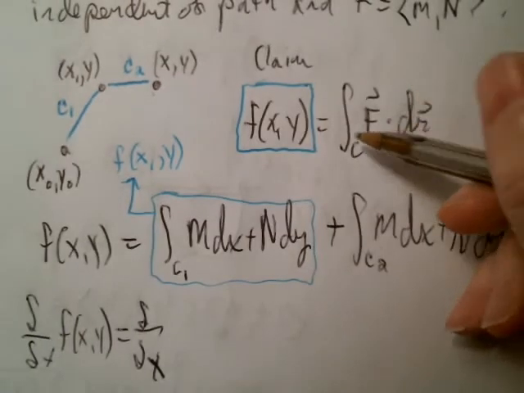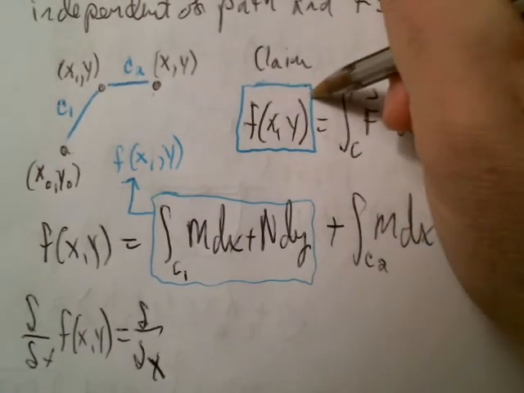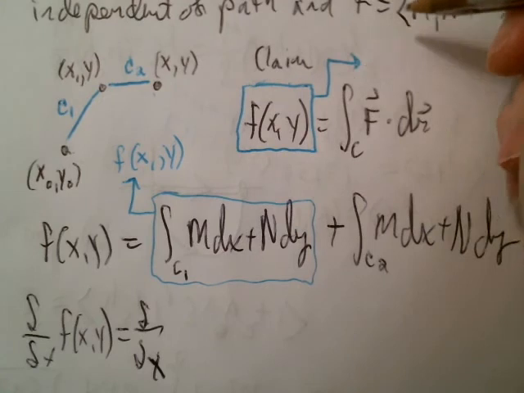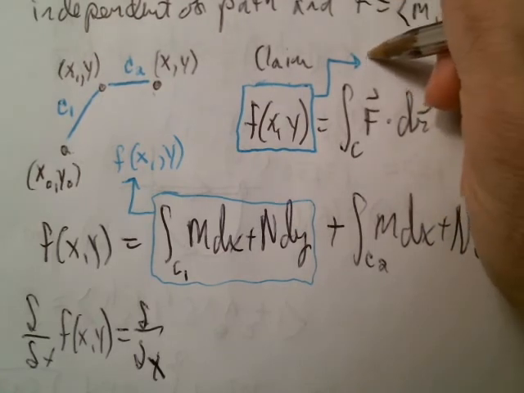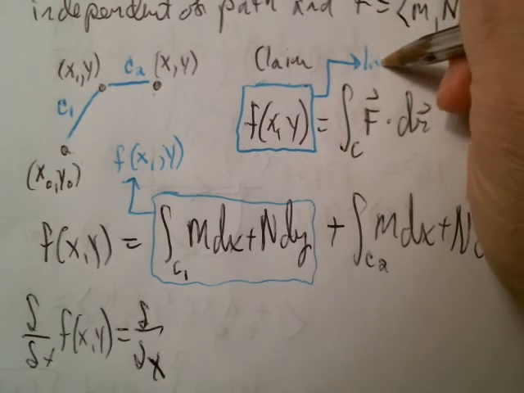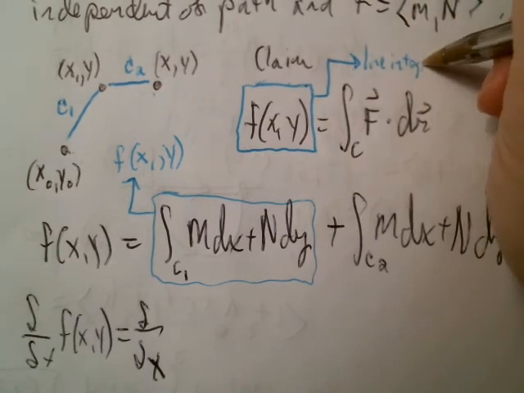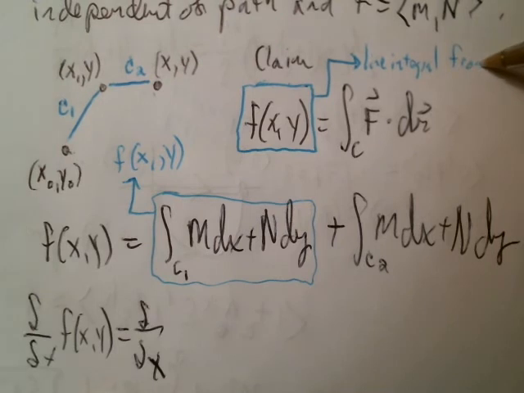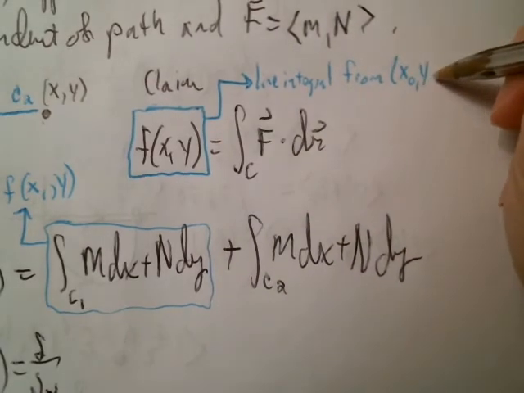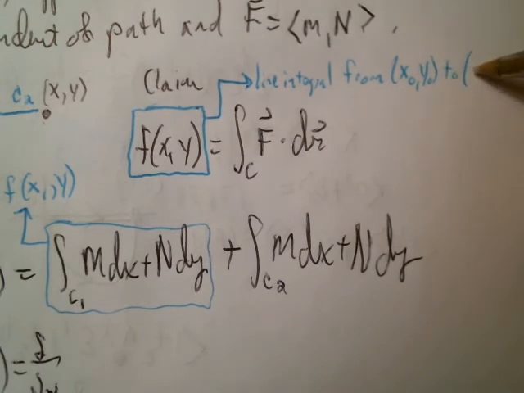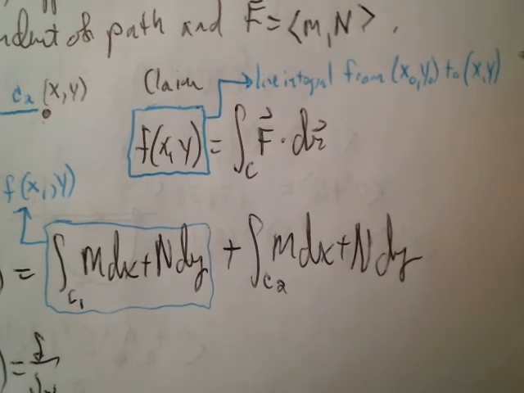So this function f of x, y represents a line integral from x0 comma y0 to x comma y, right?